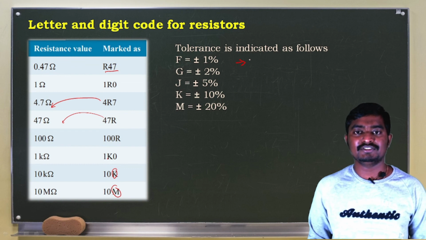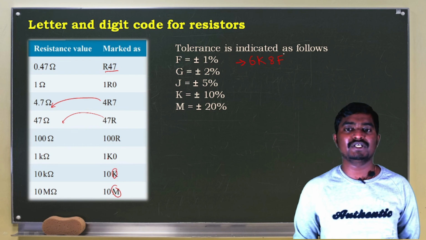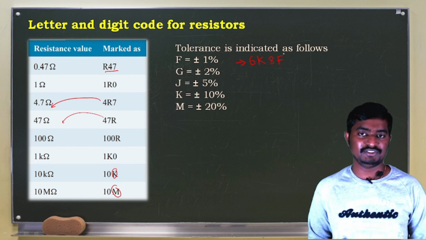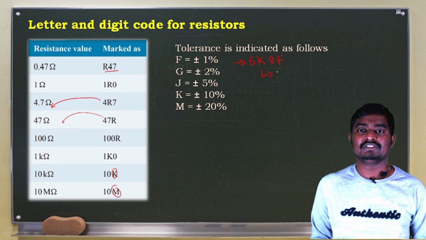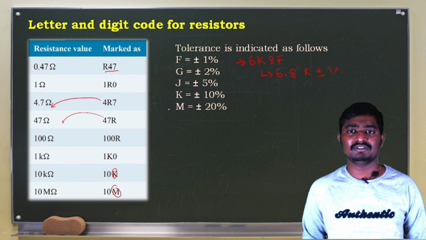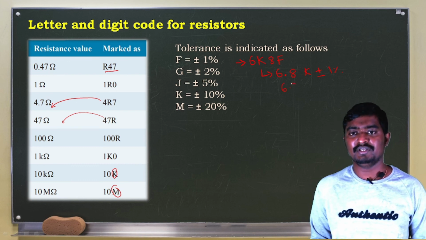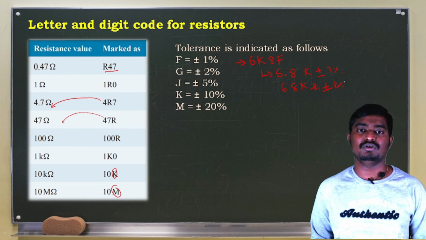Let us take one example. This number is present on the body of the resistor. So how can we get its value? 6K means kilo, the 8 is the decimal point, and F is plus or minus 1% tolerance. It is 6.8 kilo ohms plus or minus 1% tolerance.